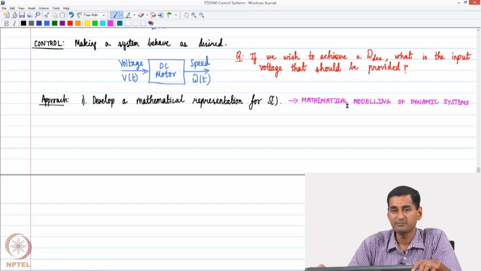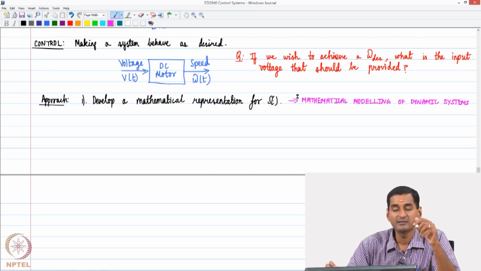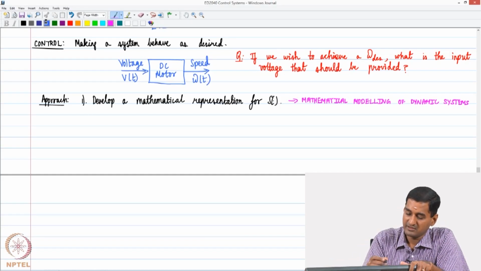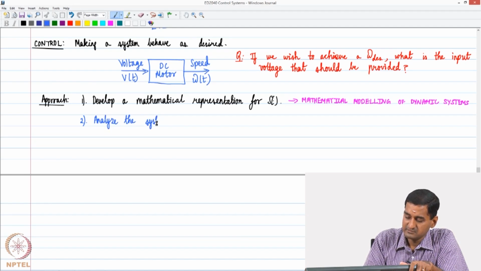So that can be a semi empirical approach also. But the first step is to develop a mathematical representation for the mapping S, and then the second step is to analyze the system response.